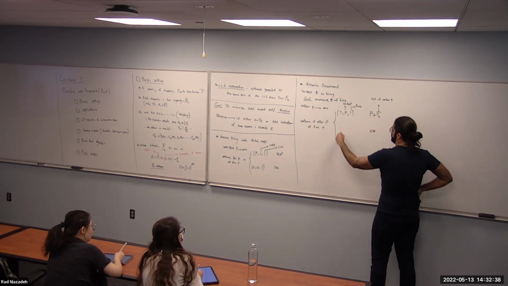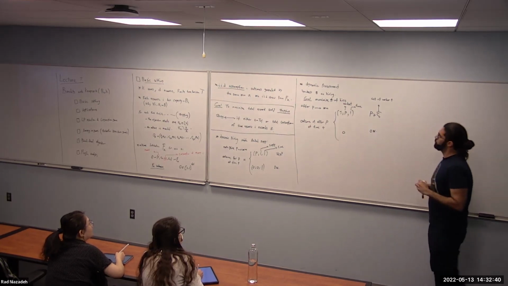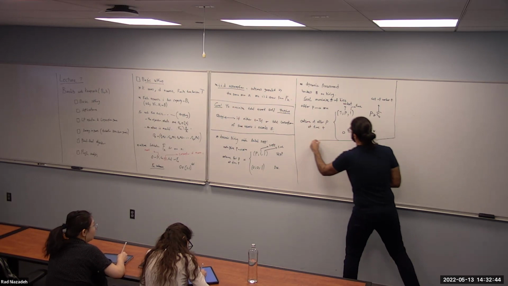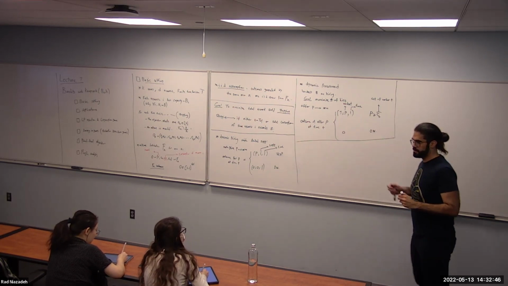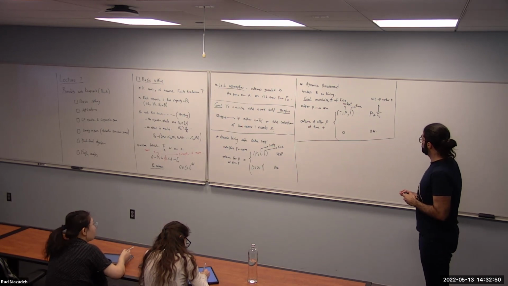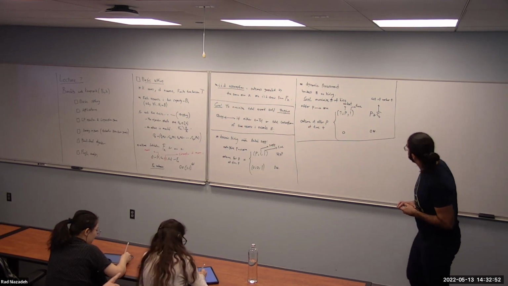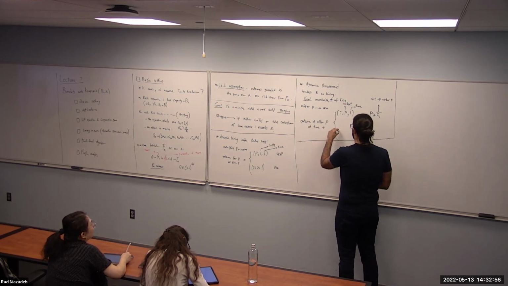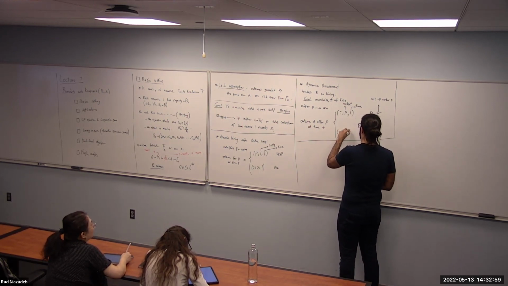And otherwise, this is going to be 0, 0, with time still 1. Is the example clear? Time should be 1 in the otherwise case. Time is still 1.